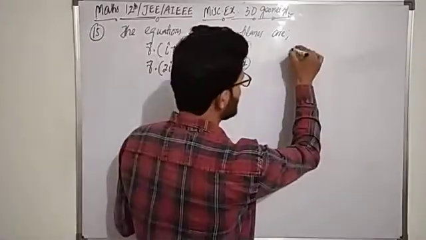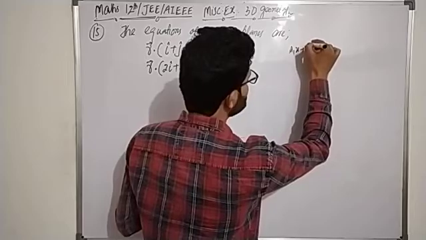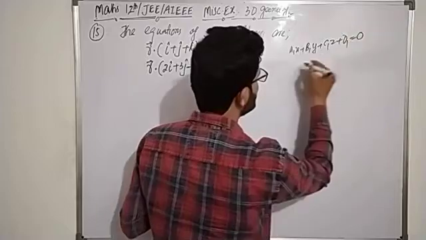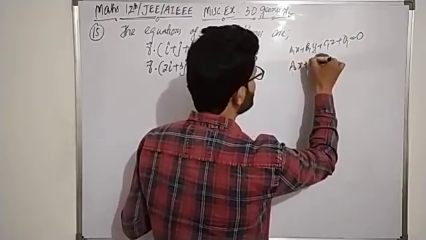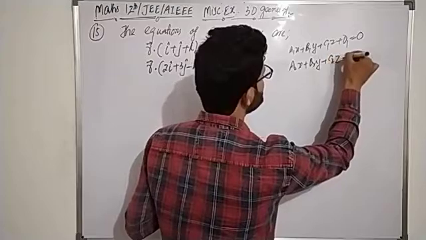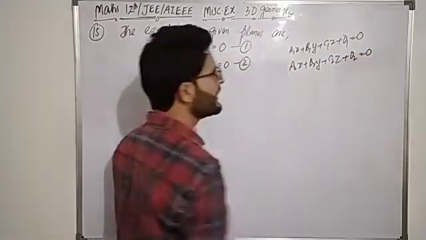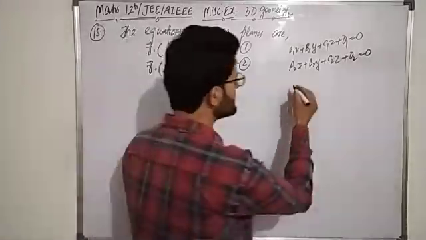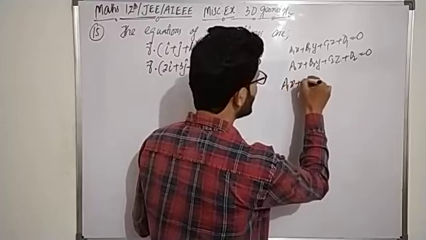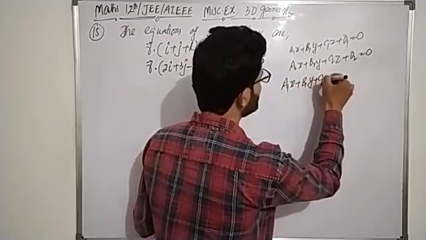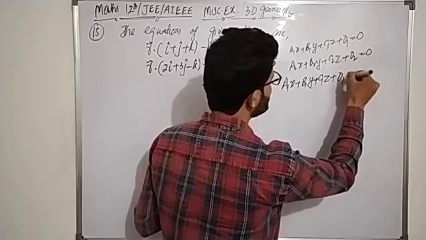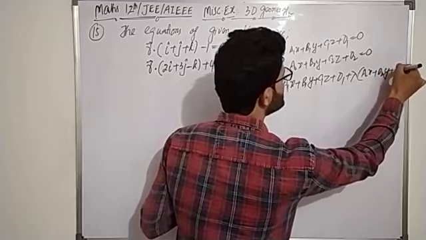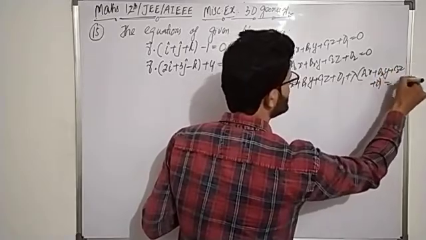If we have two planes a1x plus b1y plus c1z plus d1 is equal to 0 and a2x plus b2y plus c2z plus d2 is equal to 0, then the equation of a plane which is passing through the line of intersection of these two planes is a1x plus b1y plus c1z plus d1 plus lambda times (a2x plus b2y plus c2z plus d2) equal to 0.